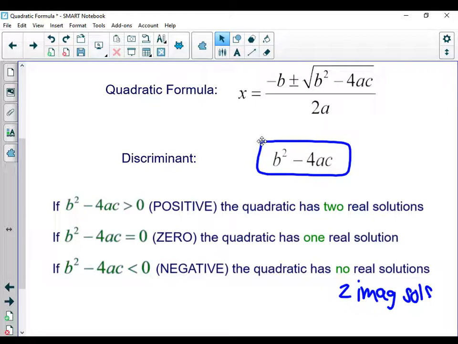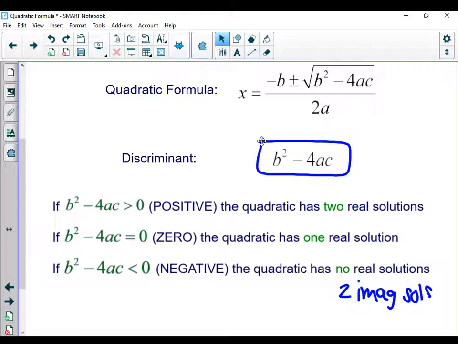So it's kind of cool how the quadratic formula works out. If I took away the square root in b squared minus 4ac, that's our vertex formula, the opposite of b over 2a. And then inside the radical, that's our discriminant formula.